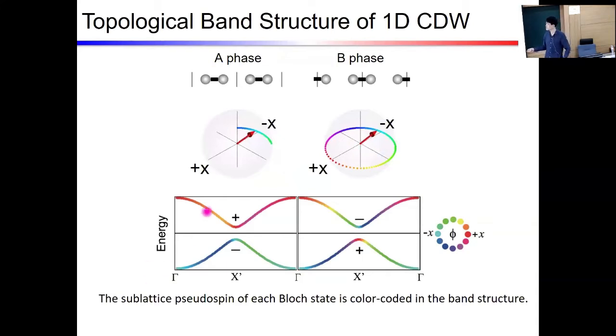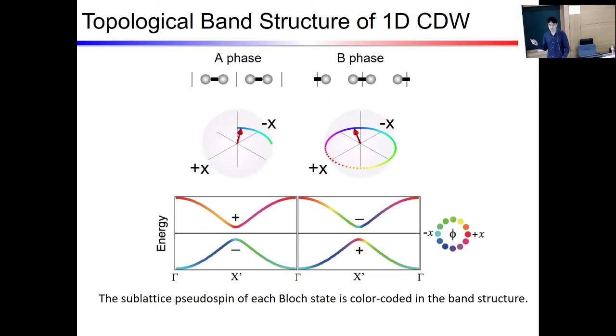Actually, this color is due to the eigenstate of the pseudospin vector. So if you plot the pseudospin vector near the band gap, in one phase it goes back and forth within the pseudospin vectors on the Bloch sphere, but the other one fully rotates one turn.